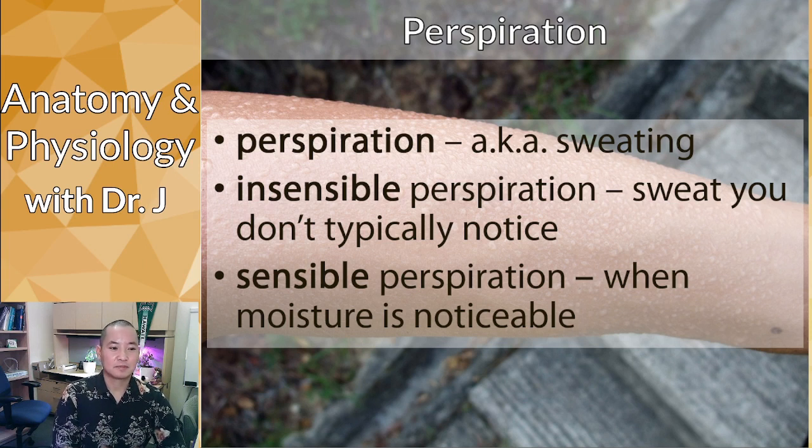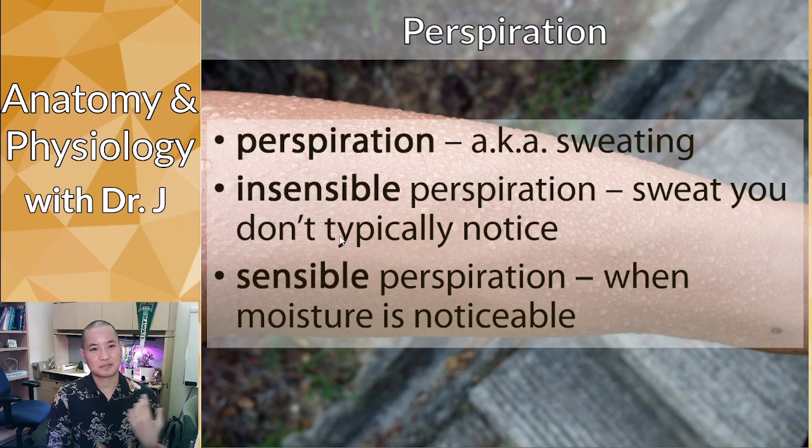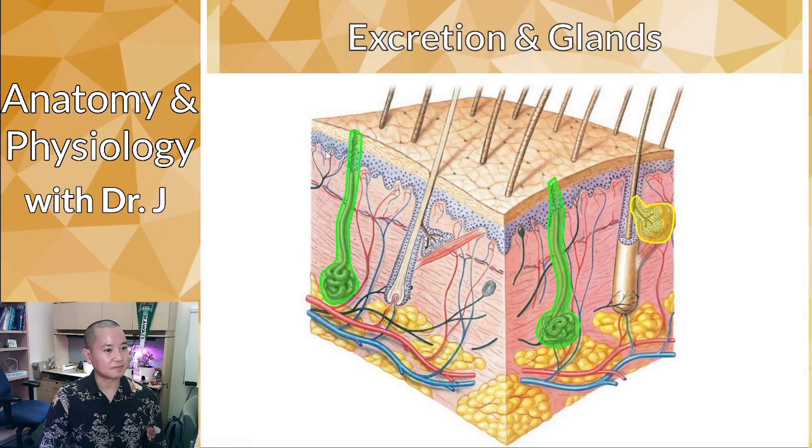But with insensible perspiration, you're always sweating to some extent, but such a tiny amount that you can't really feel it with all the nerve endings in your skin. They're all perspiration. Insensible is the one you don't notice, but you're always doing it in the background. Sensible is when you feel that sweat rolling down.